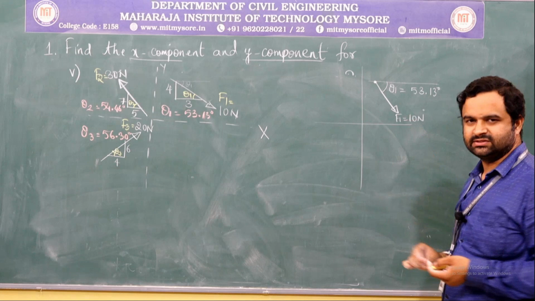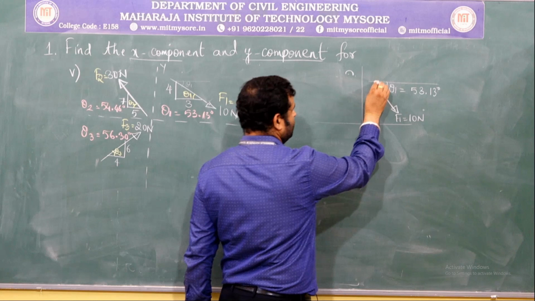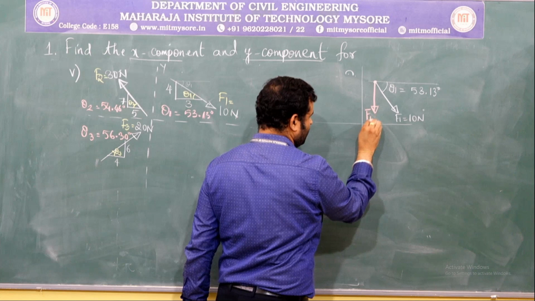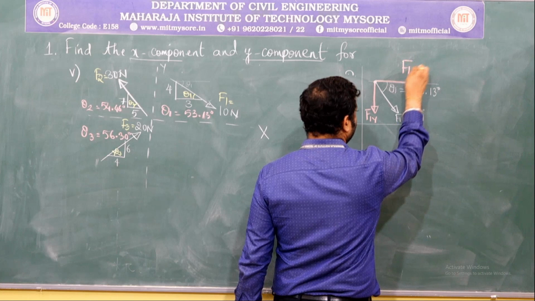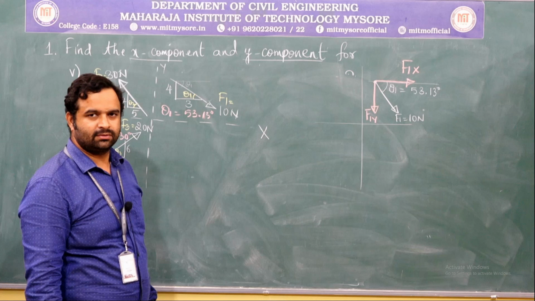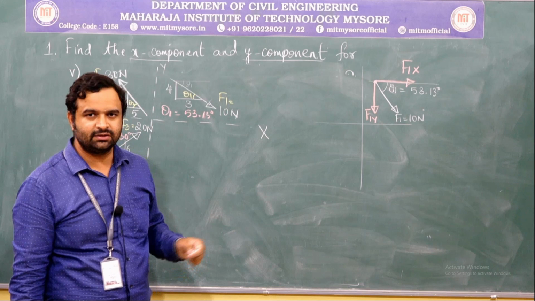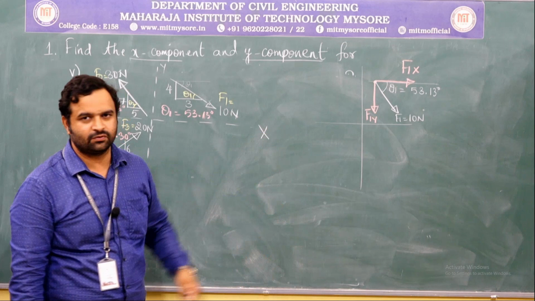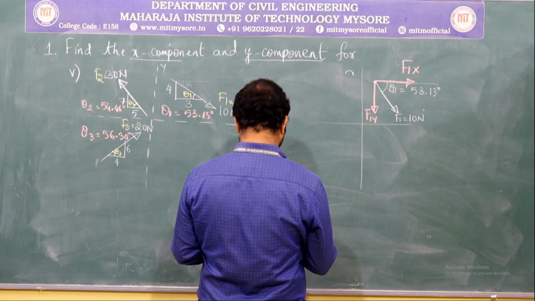Now, how do you resolve this? This is the inclination and this will be its F1y and this will be its F1x. Even though it is in the first quadrant, because it is acting in this direction, we need to resolve the forces appropriately. You cannot shift that force into fourth quadrant. Okay?